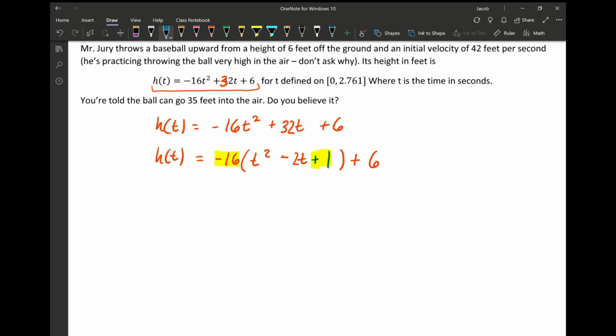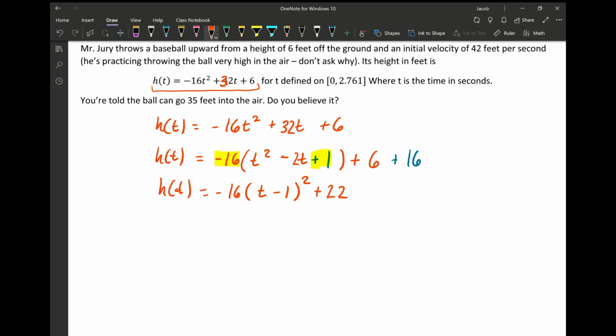So the number that I am actually putting into my parentheses is negative 16. So I need to add a 16 to the outside. And then my final equation becomes negative 16 times t minus 1 squared plus 22.